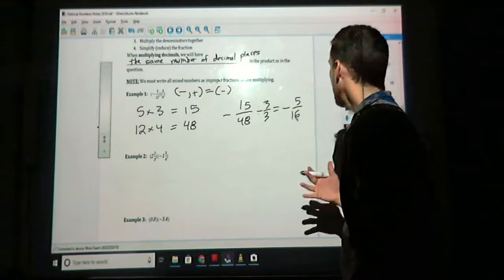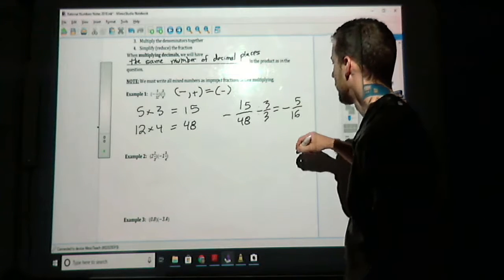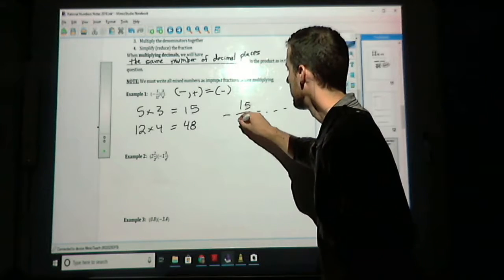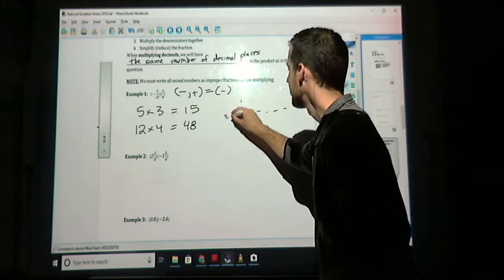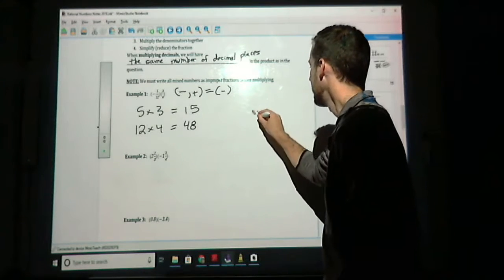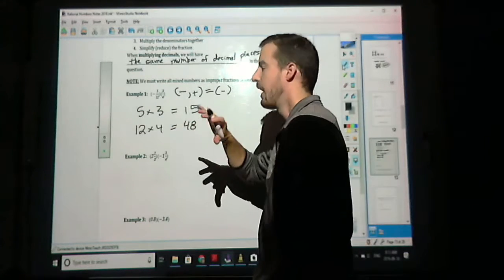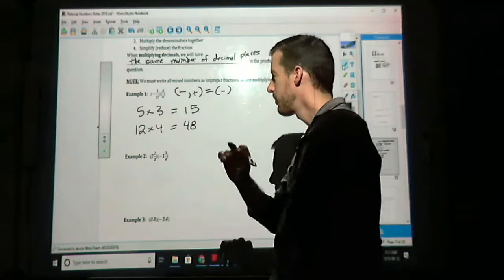One trick I'm going to quickly show you guys, and this works in most cases, is cross-canceling. This works when we're multiplying or dividing. With dividing, we have to make sure we flip it first, but same thing.